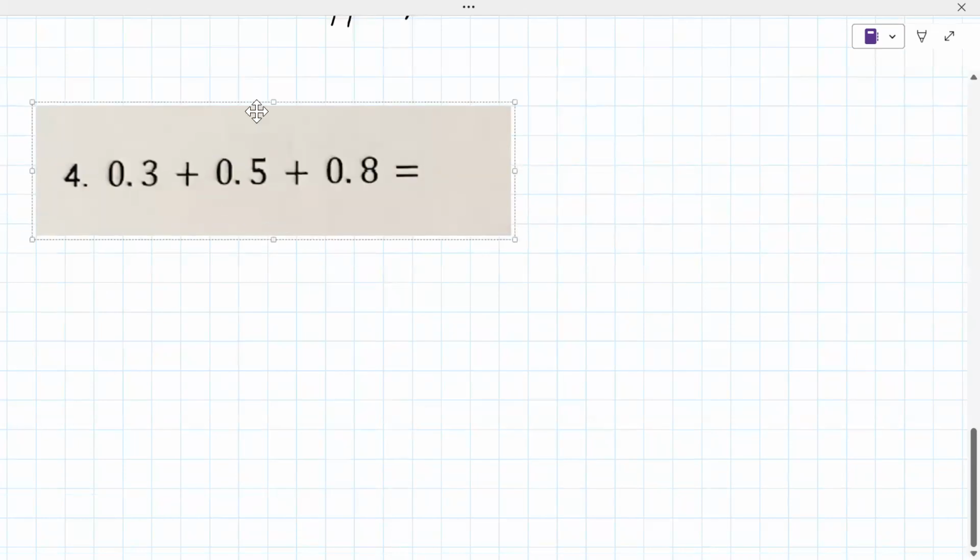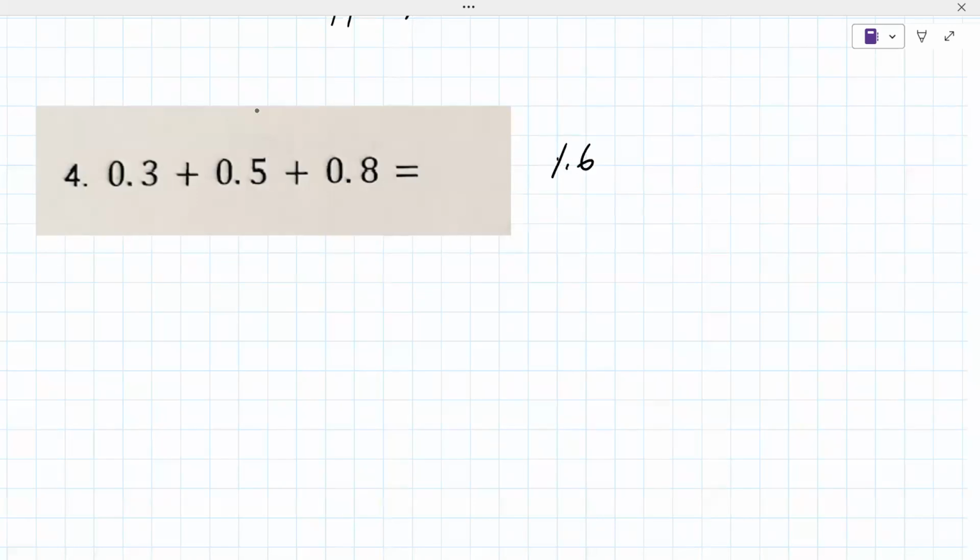Should be pretty straightforward. Is it just like normal adding? 1.6.